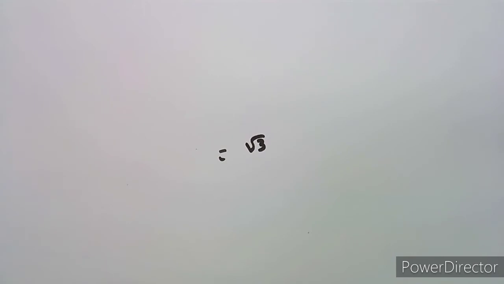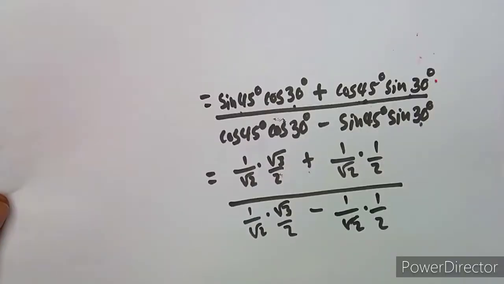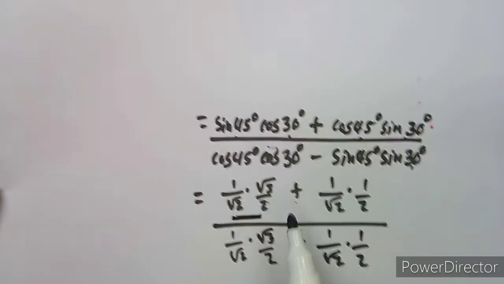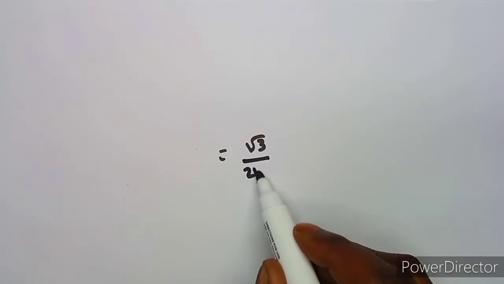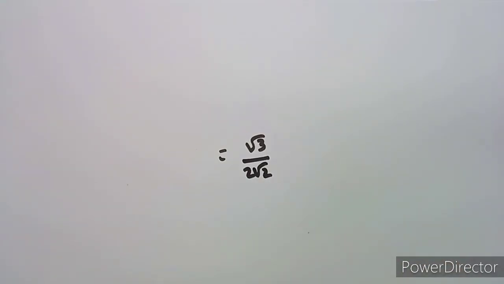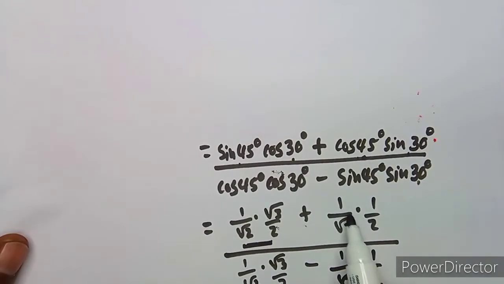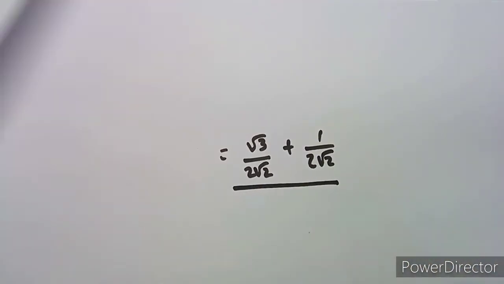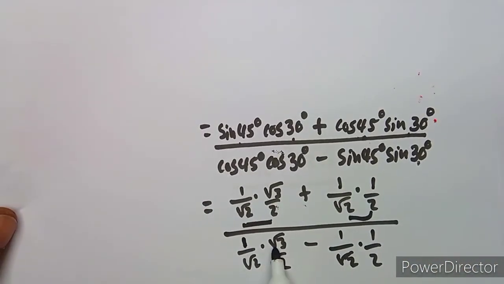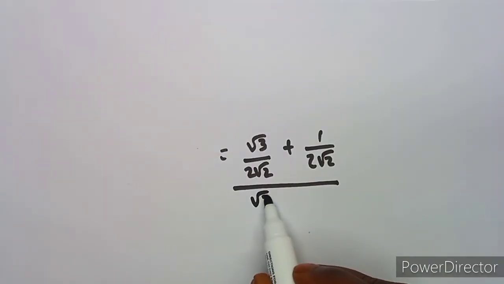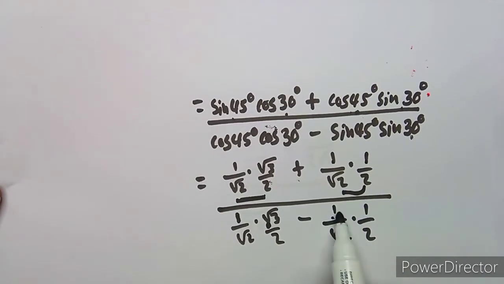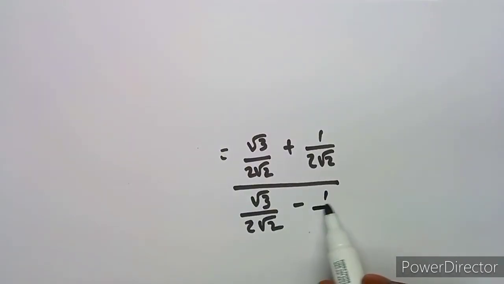This one and this one is just like square root of 3 and 2, and square root of 2 is going to be like 2 square root of 2. So it depends on how you want to write it. And the same here, 1 and 1, 2 and 2 square root of 2. So it's 1 over 2 square root of 2 over, this one is going to be 1 times square root of 3 this time, which is actually square root of 3 over 2 square root of 2 minus, this one is just 1 over 2 square root of 2.